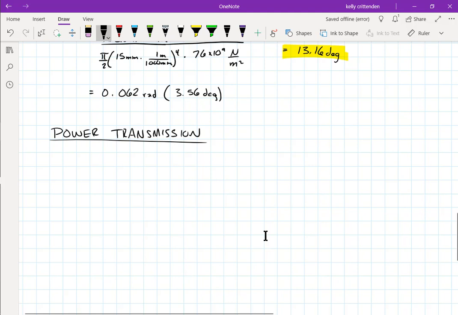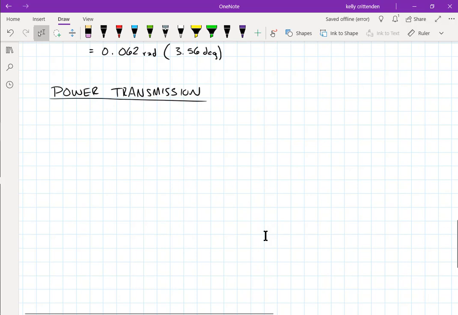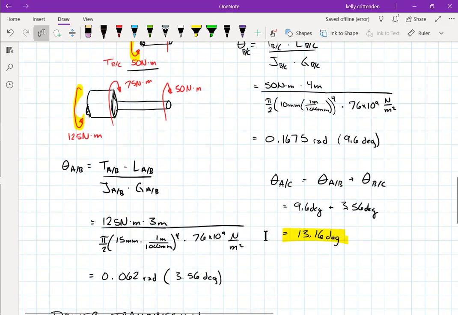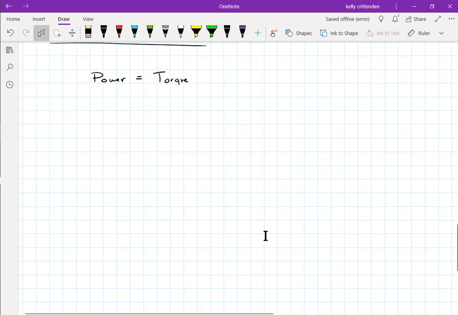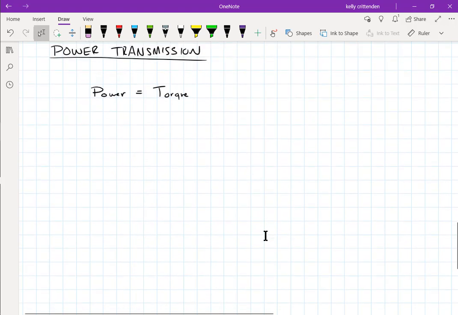But we do need to try and figure out how to calculate power. So we're going to use power equals, let's write it out instead of just variables. Power equals torque. So kind of the same torque over here, 50 Newton meters, 75 Newton meters, whatever torque is being transmitted in that little piece of the puzzle, times how fast you're transmitting it.